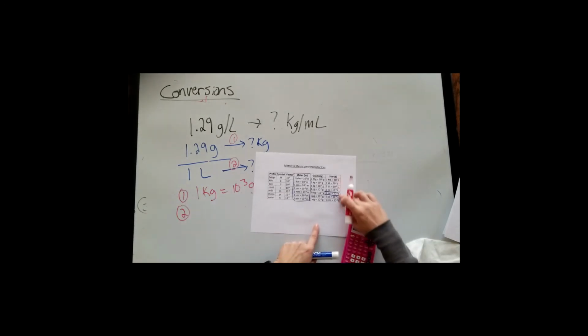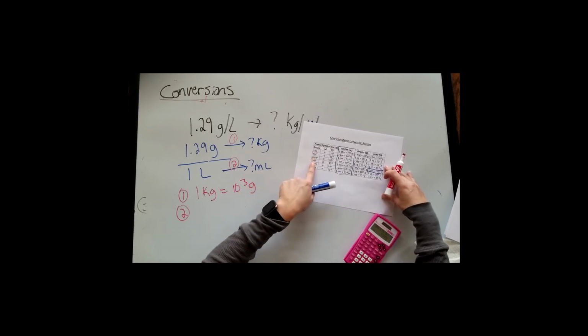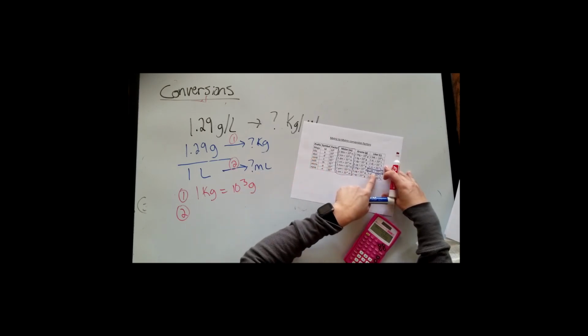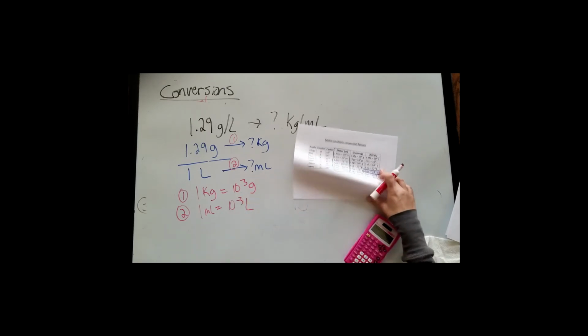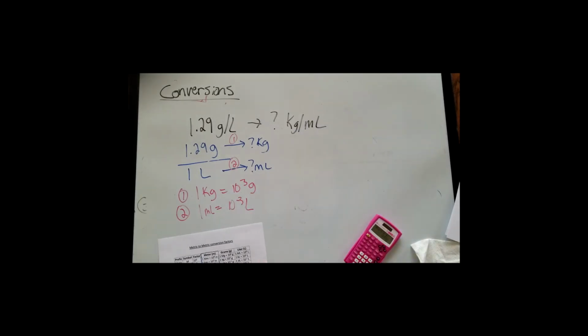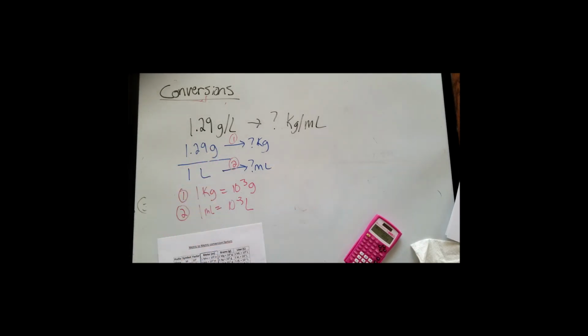So I go to the liter section, more specifically the milli prefix, so down here to milli. The conversion factor that applies there is 1 milliliter is equal to 10 to the negative 3rd liters. So I have the conversion factors to get me from grams to kilograms and then from liters to milliliters.